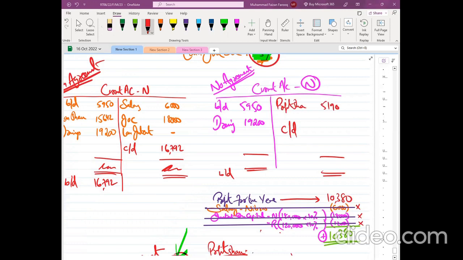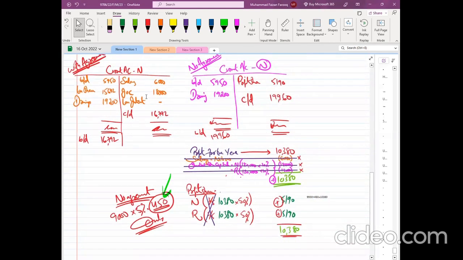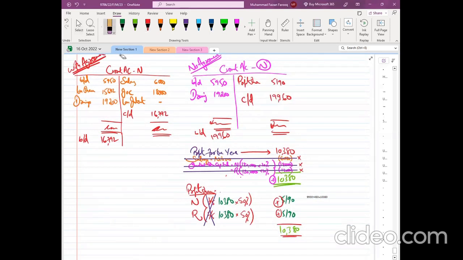How much is the closing balance? Check, please. Is it 19960? Yes.